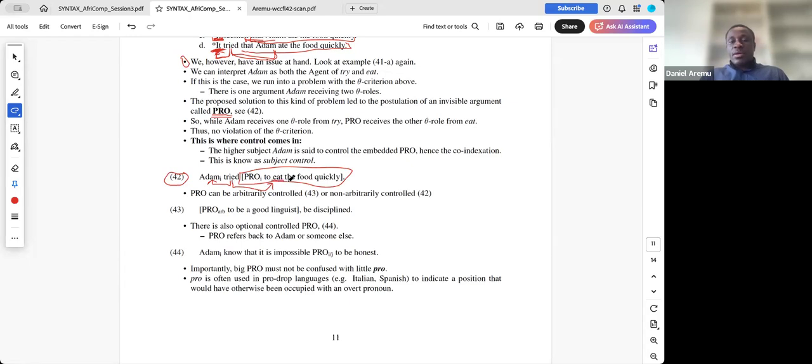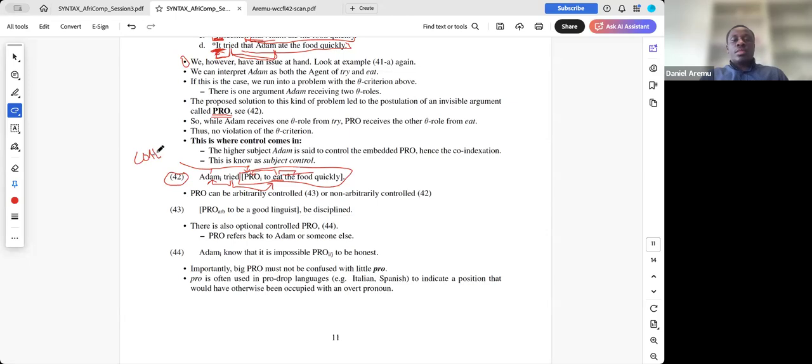And so it assigns one theta role to the food, and it assigns the second theta role to a pro. And this pro is controlled by Adam. This is control. That is what control is about.